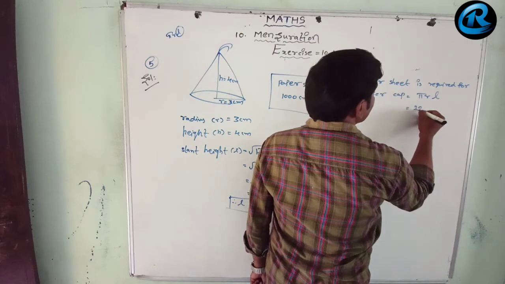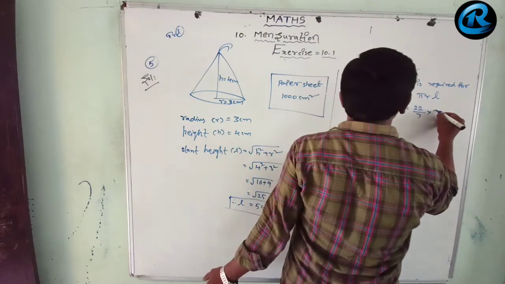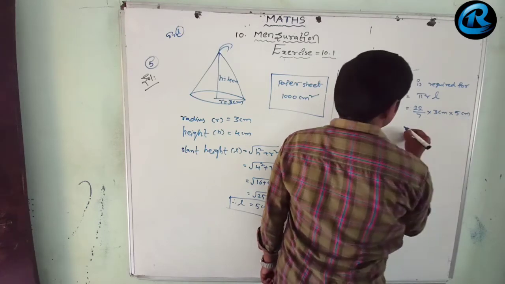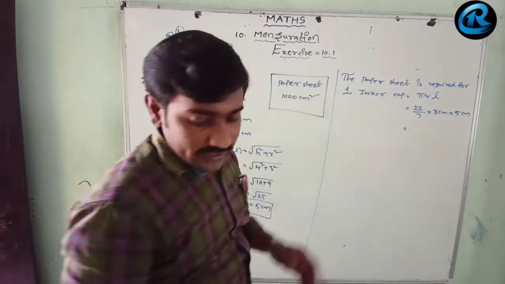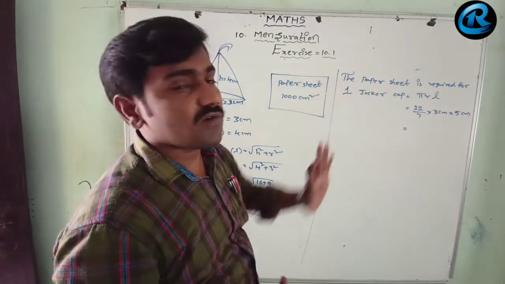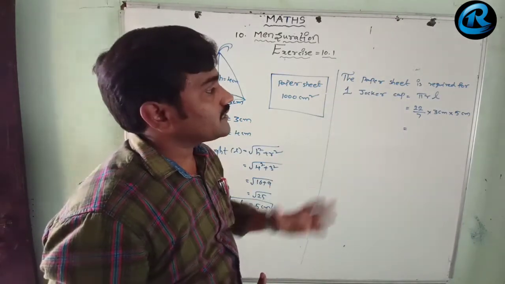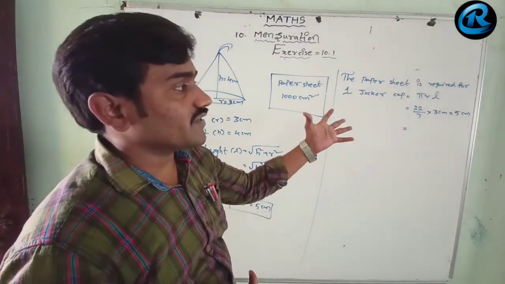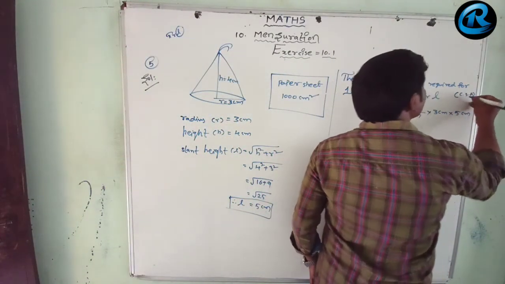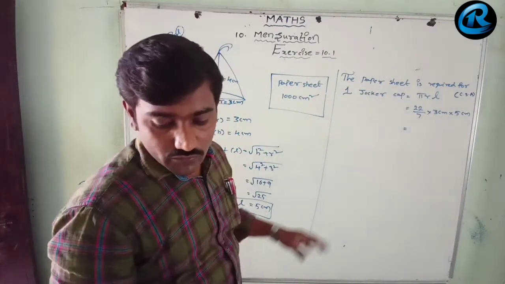Pi value 22 by 7, r value as given 3 cm and l value we got 5 cm. The paper sheet required for one joker cap is pi r l, that is the curved surface area. We will use here the curved surface area of a cone.